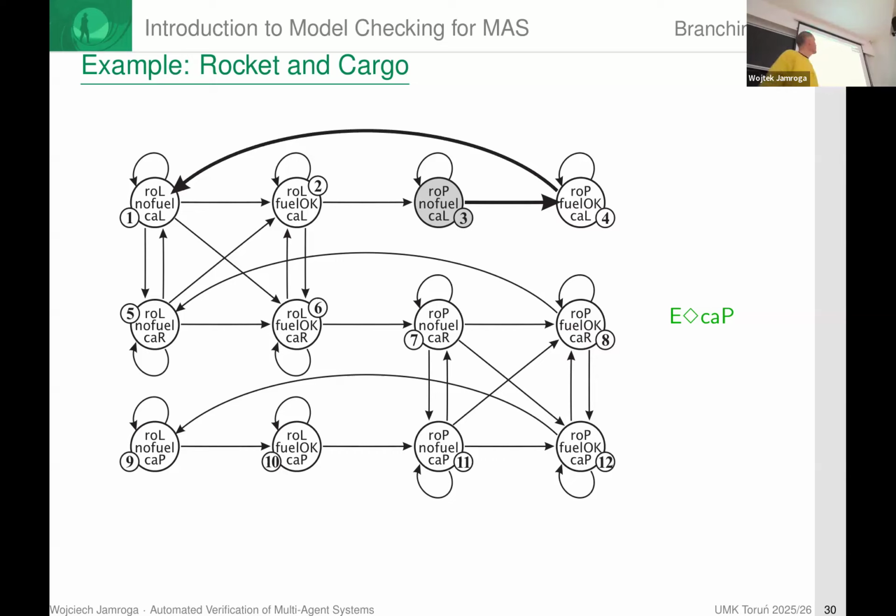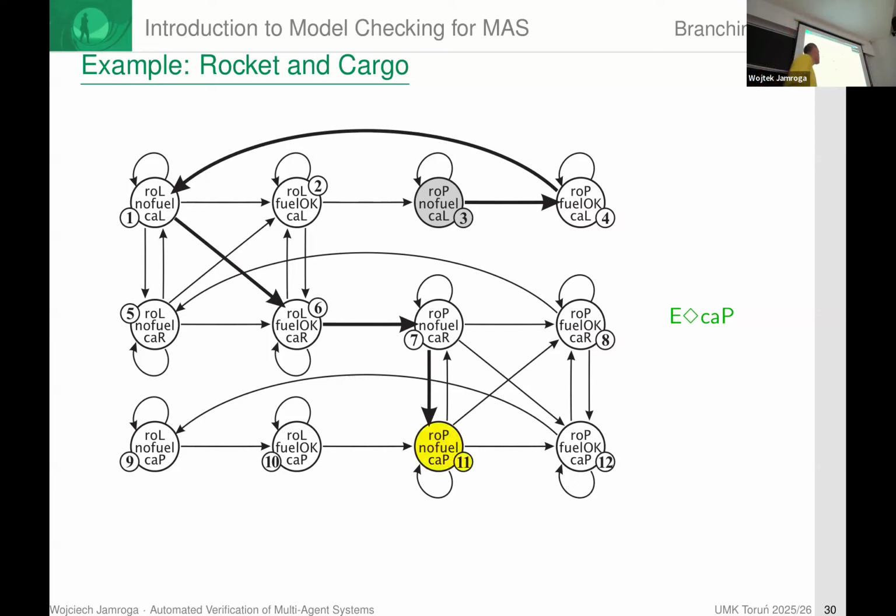Then the rocket flies from Paris to London. Then the cargo is loaded, so the cargo is inside the rocket and the fuel has been refilled again. Then the rocket with the cargo flies to Paris, and then the cargo is unloaded. So the cargo is in Paris, and we are done.